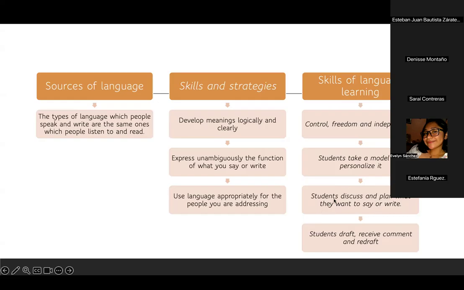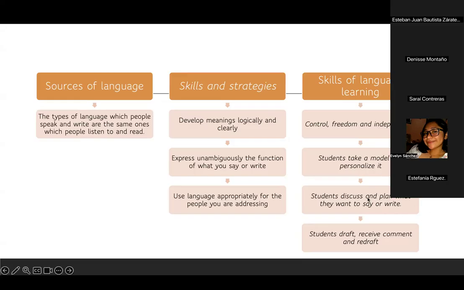This alternative will enhance students' critical thinking skills. For instance, they need to organize, decide on the topic, how they are going to present that topic, and of course, what sources they will need to employ for developing the speech or the written text.